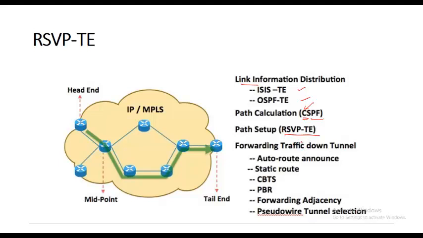It can be policy-based routing, or it can be simply normal forwarding adjacency or pseudo wire. Tunnels, meaning path option. You say use path option 1, path option 2, something like that. So four necessary steps to calculate the path, then sending traffic in the MPLS traffic engineering area, which we just now saw.